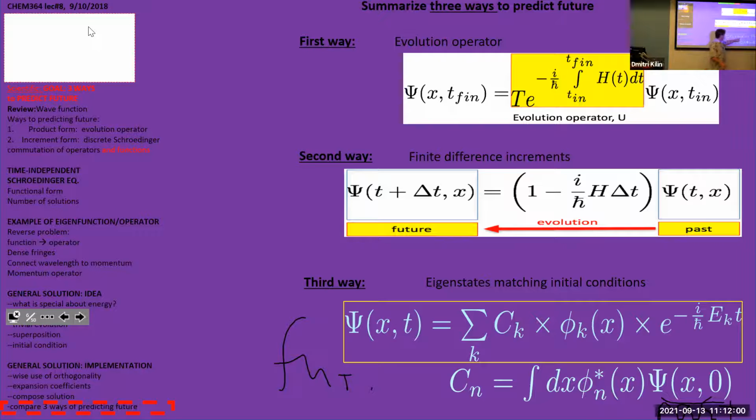Phi sub k is the wave function, and E sub k is the energy. So it's the same as energies and orbitals, right? So by solving the time-independent Schrödinger equation, we have a set of this data.